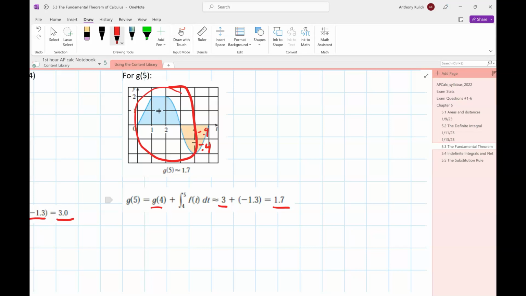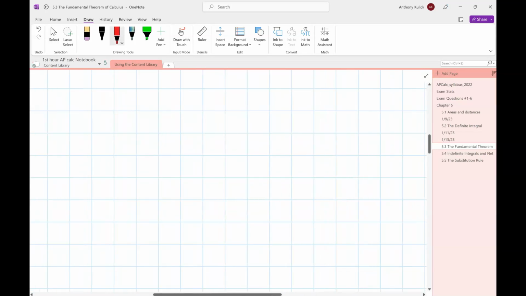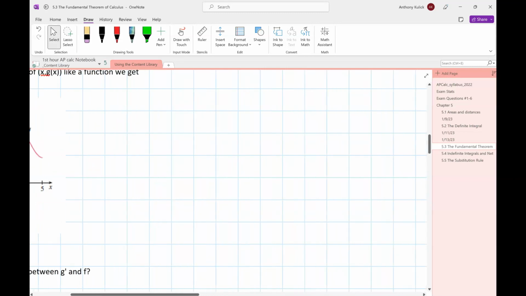So let's go ahead and sketch a graph of what g of x is going to look like. The x coordinates for g are going to be 1, 2, 3, 4, 5. And the y coordinates are going to be 1, 3, 4.3, 3, 1.7. So where did I do that?